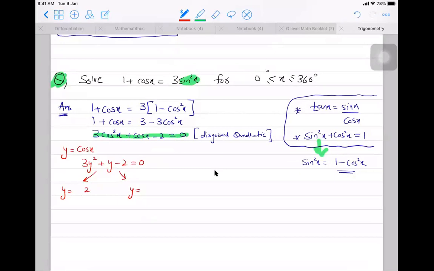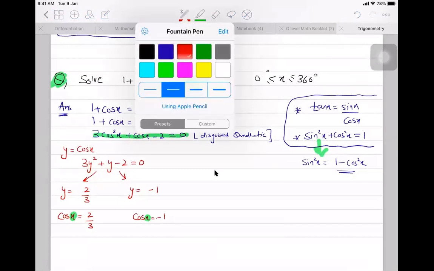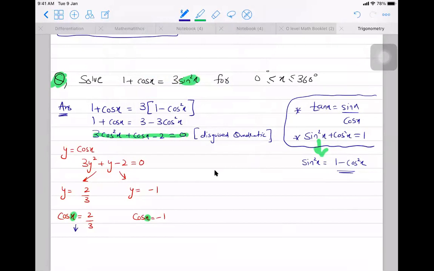Right. So one of the values comes out to be 2 upon 3 and the other value comes out to be minus 1. So y was equal to cos x. So cos x is equal to 2 upon 3 and cos x is equal to minus 1. Now we are going to solve this equation and find the values of x from here as well as from here. So let's do this one first.